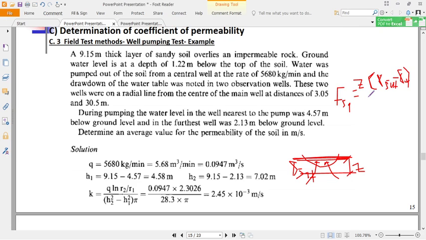The lifting force will be the hydraulic head, H, times the unit weight of water, γ_w.